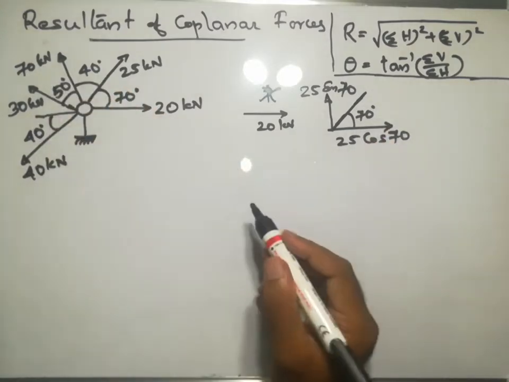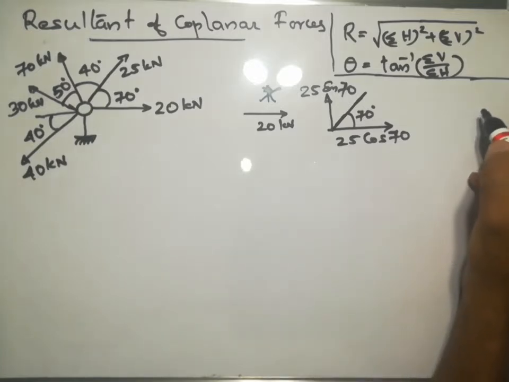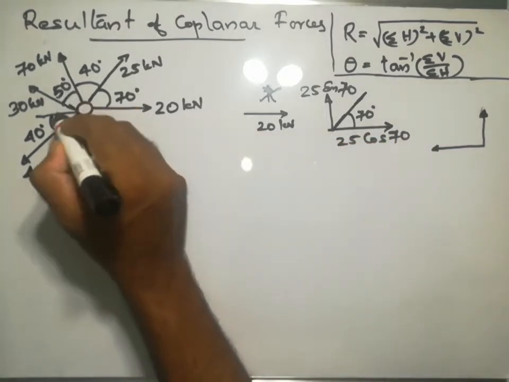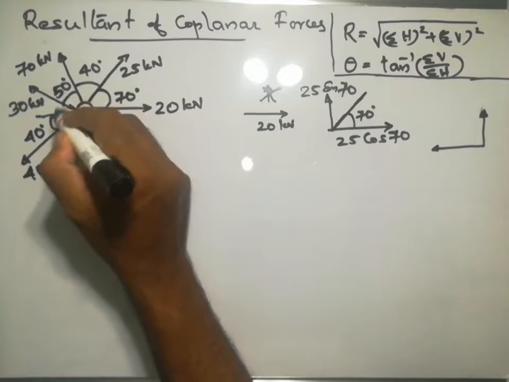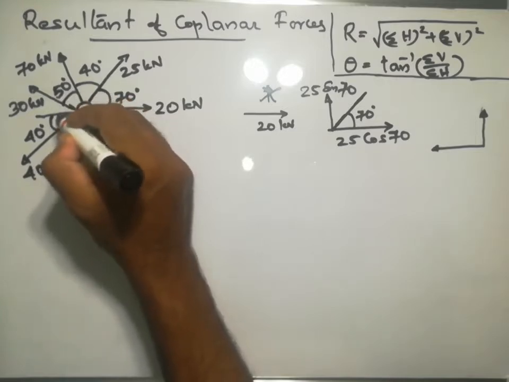For the third force, that is the 70 kilonewton force, it will be like this. So it is at what angle? From the horizontal in this direction, that is, this total angle will be 70.